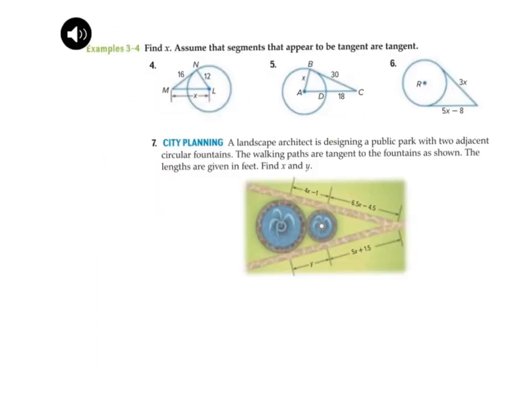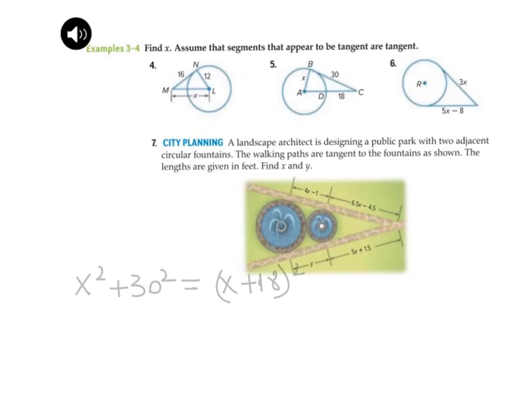All right, so I'm going to jump to question number 5, because that's the one with the radius that's missing. Pythagoras again: a squared plus b squared equals c squared. Well, a squared in this case is going to be x squared. The longer leg is going to equal 30, which is 30 squared. And the hypotenuse is going to be x, which is the radius, plus 18, and we're going to square all of that as well.